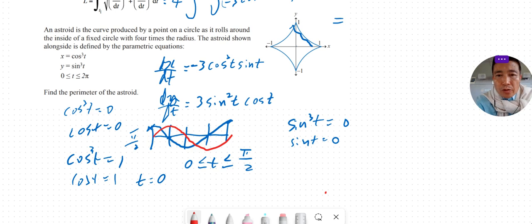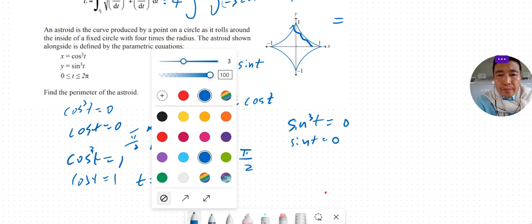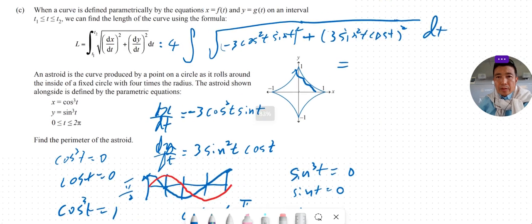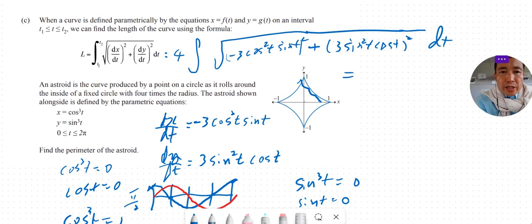When t equals 0, y is 0, and when t is pi over 2, y is 1. That confirms that t must be between 0 and pi over 2. So the range is between 0 and pi over 2.